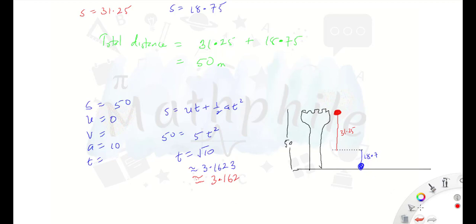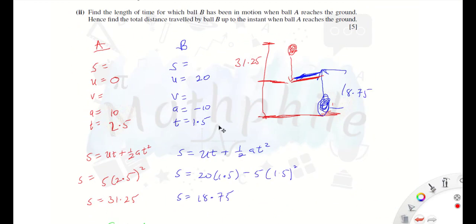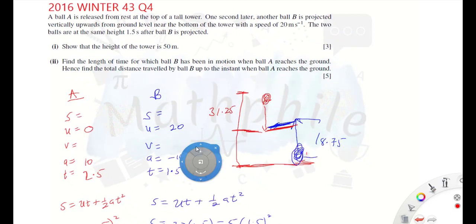First we're told to find time. Let's read the question again. Find the length of time, that is the first part of the question, for which ball B has been in motion when A reaches the ground. So A was projected, and B was also projected.